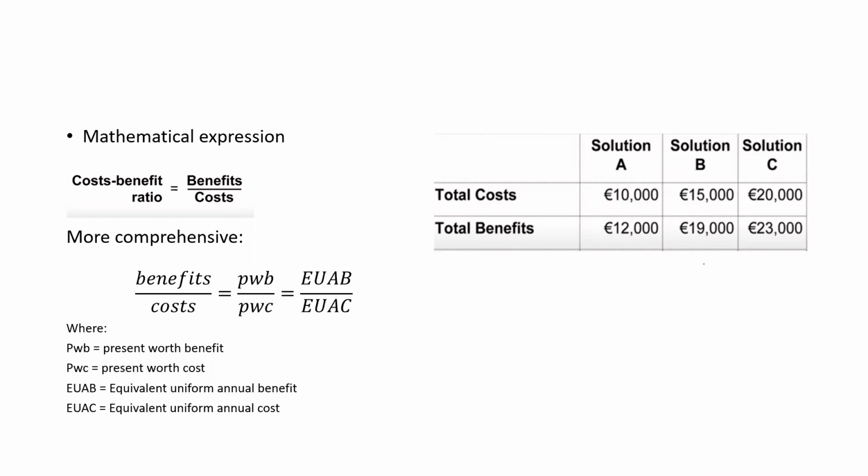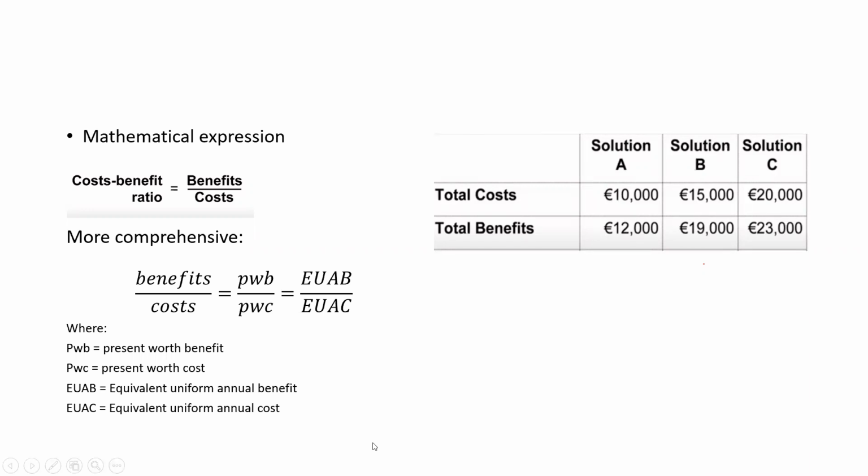For solution A, you said 1.2, right? Which I assume is correct. For solution B, someone is saying it is 0.8. Is that correct? How can that be 0.8?